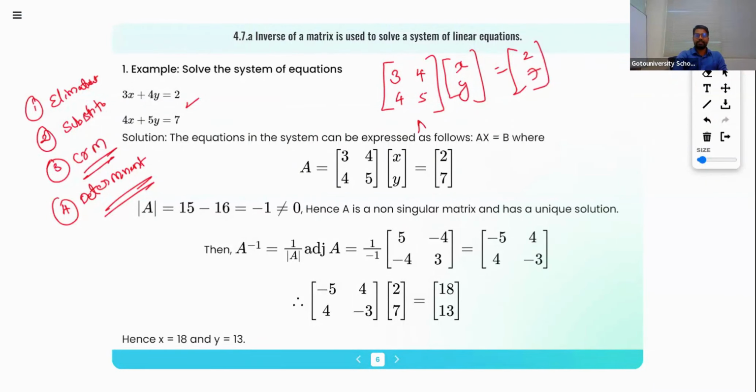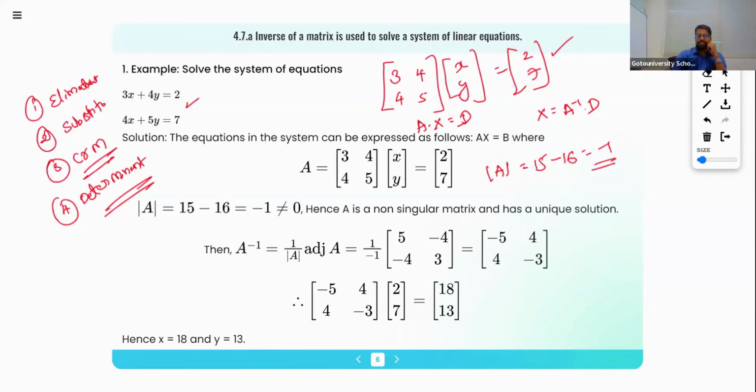So let us take it as A, let's take it as X, let's take it as D. So if I want X now, my concept simply says find the inverse of A and multiply with this matrix, right? How to find the inverse of A? First you find the determinant of A, which is 3 5s are 15 minus 16, which is minus 1. Right? So determinant of A is minus 1. It's non-singular, so we can proceed further.